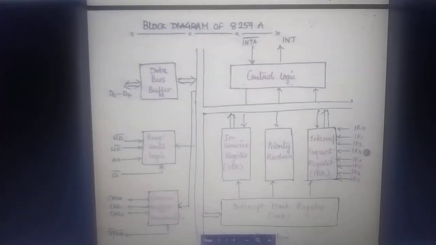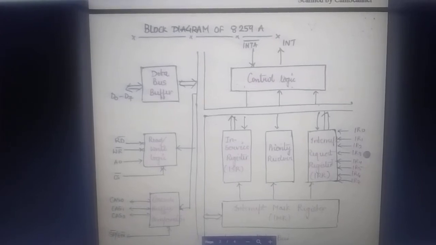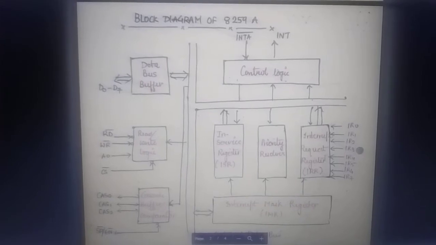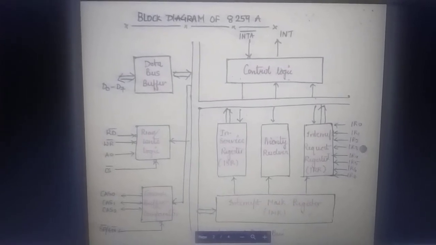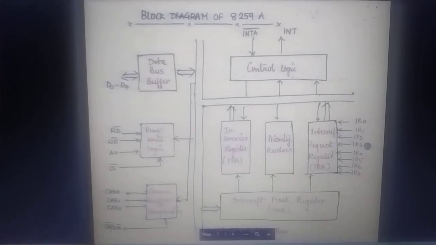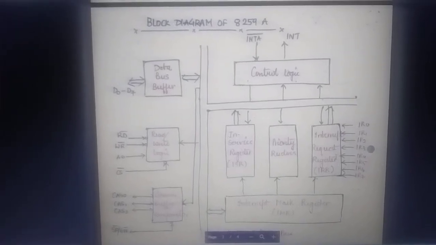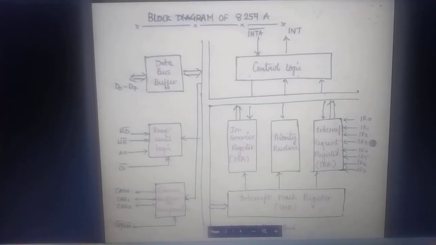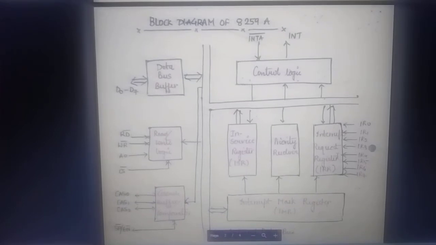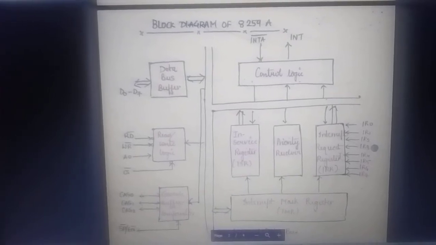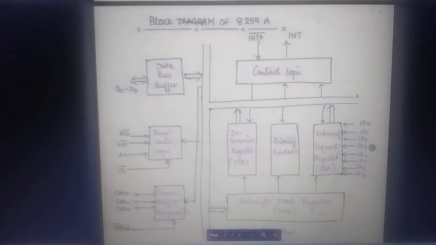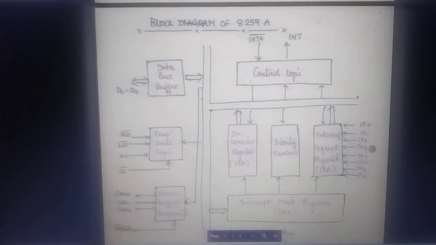And when the microprocessor receives an interrupt request at its INTR pin, then it asks for the address of the interrupt subroutine, and that process is done by the INTA bar signal from the microprocessor. So what is the use of the INTA bar pin, that is the interrupt acknowledgement pin? It is used for asking the address of the interrupt which is to be processed.